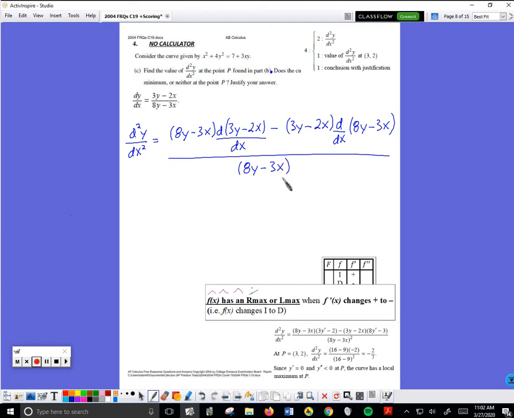It says find the value of the second derivative at point P found in part B. So this is going to equal 8y subtract 3x. For this derivative, it's 3 multiplied by the derivative of y, so that's 3 dy/dx. Don't forget the parentheses.